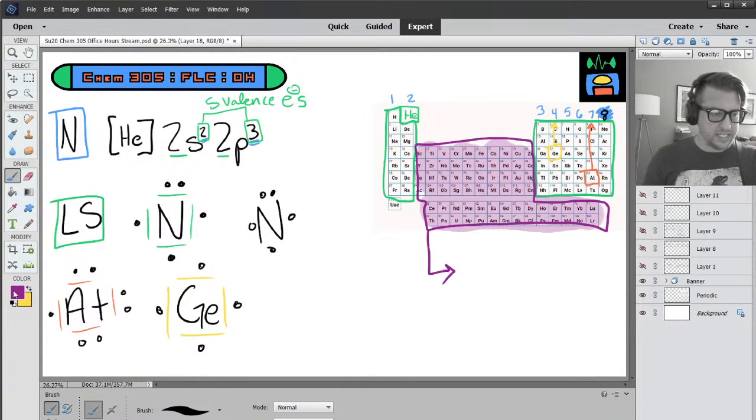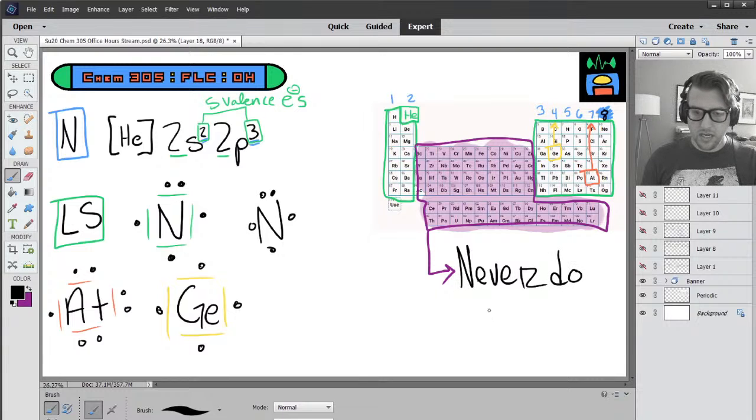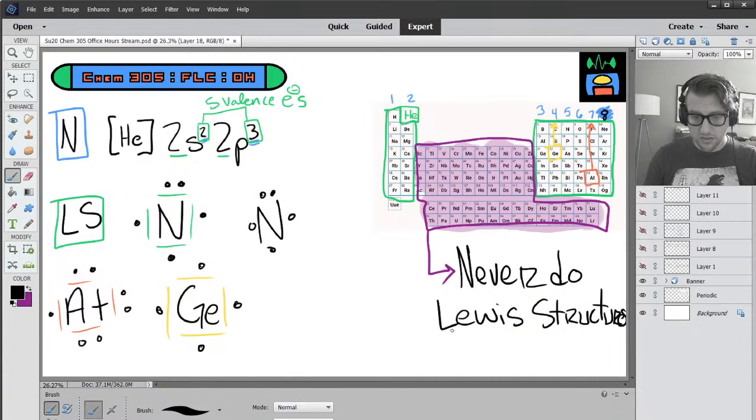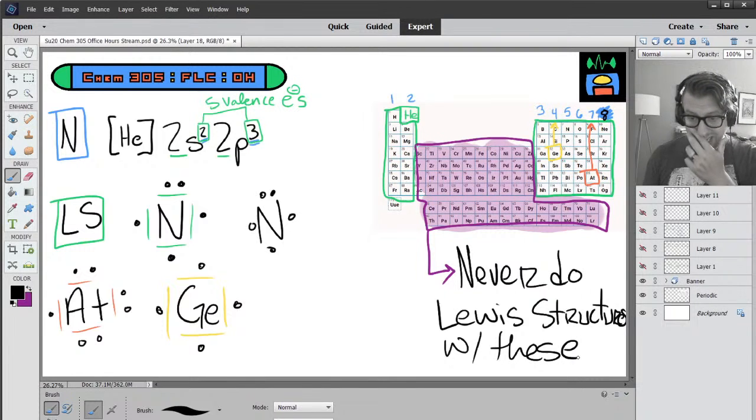So for all of these guys, you will never do Lewis structures with these. So I will only ever ask you about Lewis structures for the main group elements.